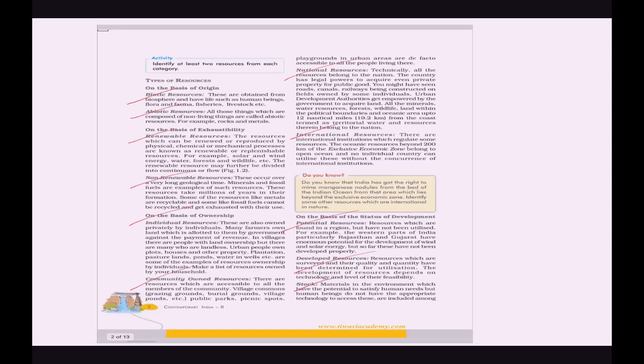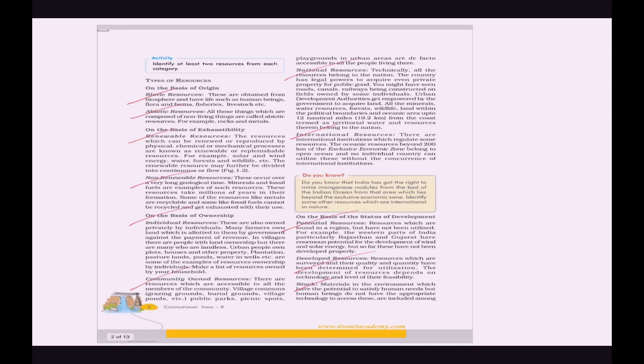Like if India has its boundaries and the ocean starts, then the resources in that 19.2 kilometer area will be of India. Another example is the highways that connect every state. These are national resources.